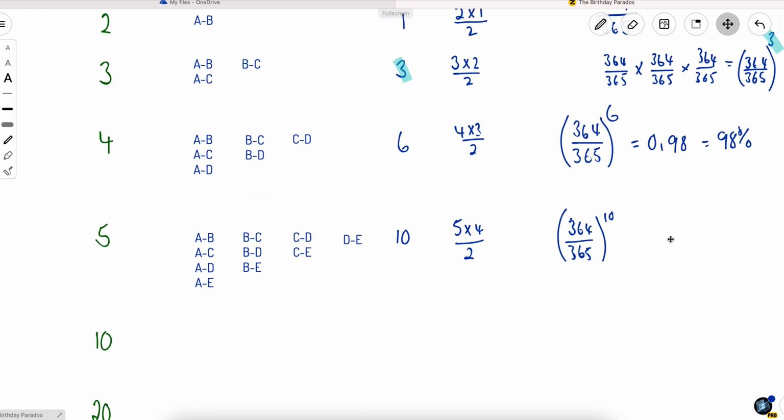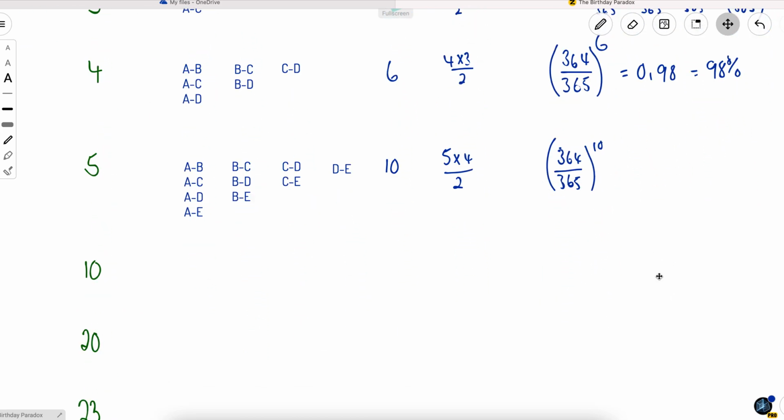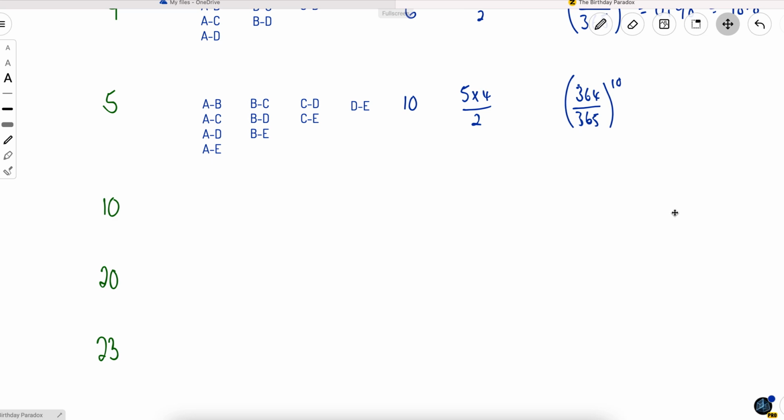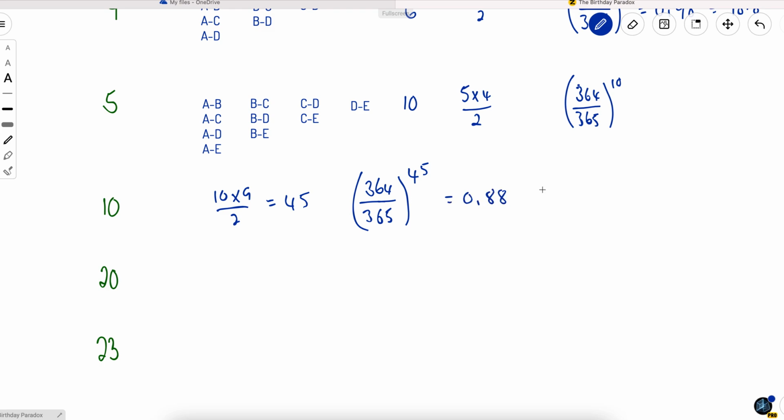But when we have increased the group size, when we get to 10, then we have 10 times 9 over 2, 45 comparisons, and then we have 364 over 365 to the power of 45, and that gives us 0.88 or 88%.